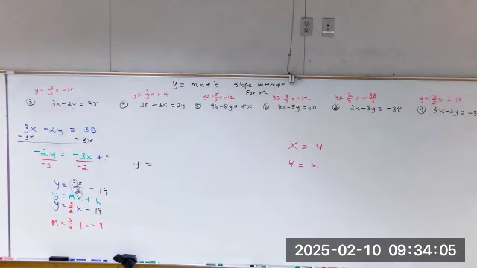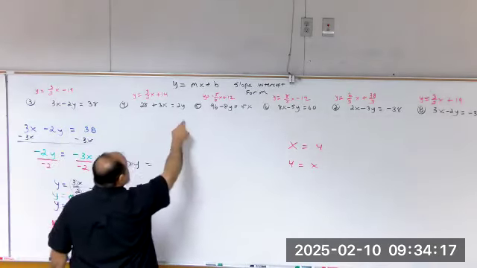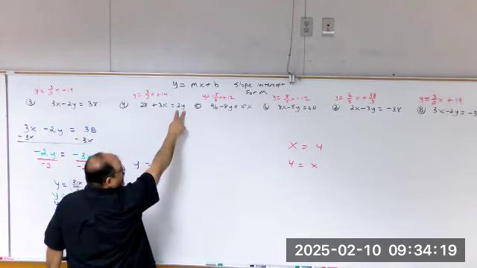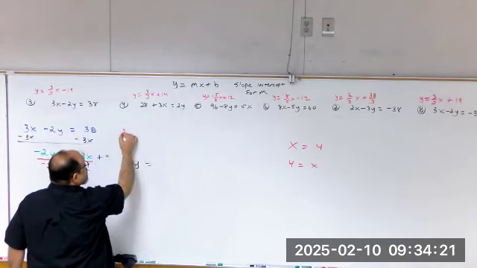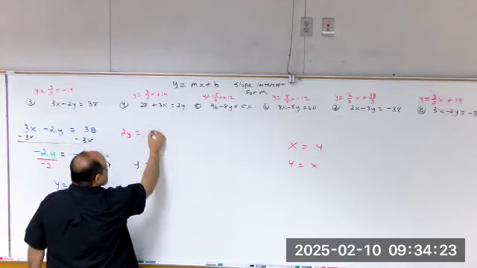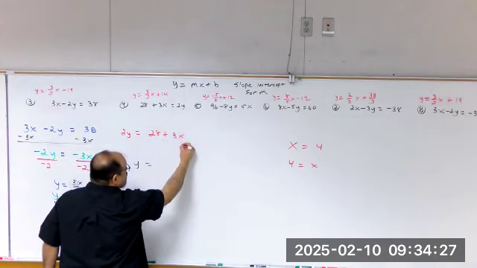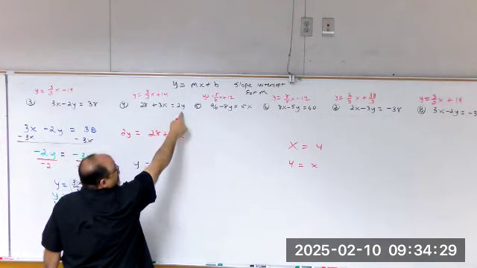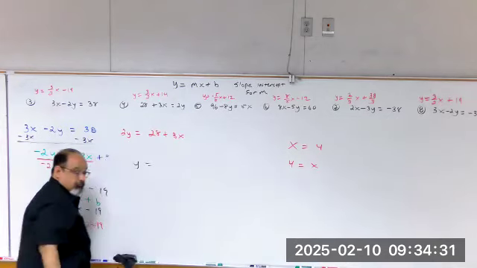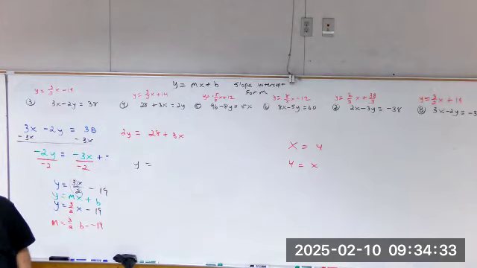If A equals B, then B equals A. As long as it's equals already, you can interchange the sides. So I can interchange the sides right now, this is just 2y equals 28 plus 3x. Or I could just solve for y right now and then flip it around when I'm done.